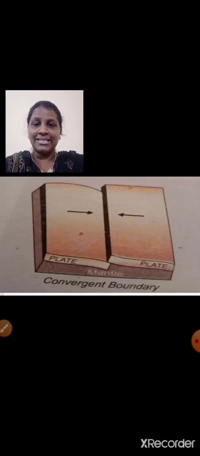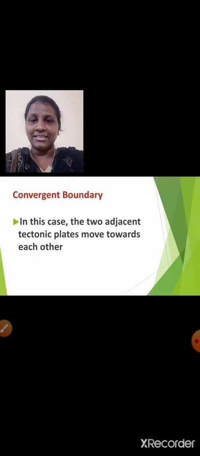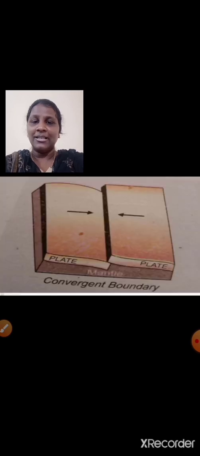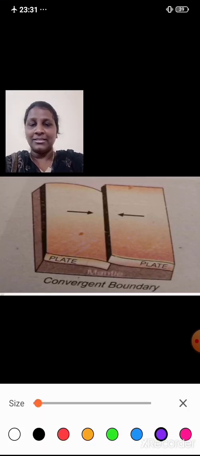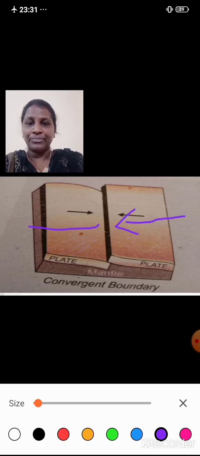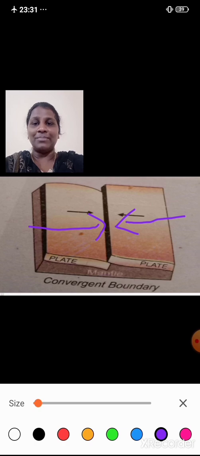Here you can see the image, students. You can see the arrow marks. Both tectonic plates are moving towards each other. This is called convergent boundary.